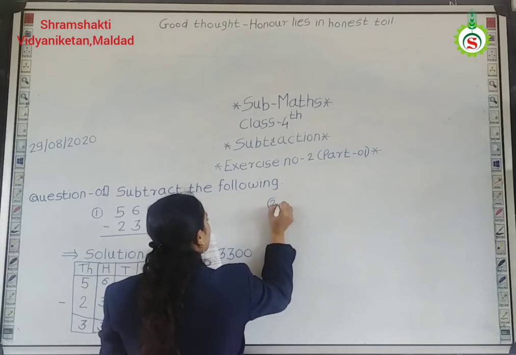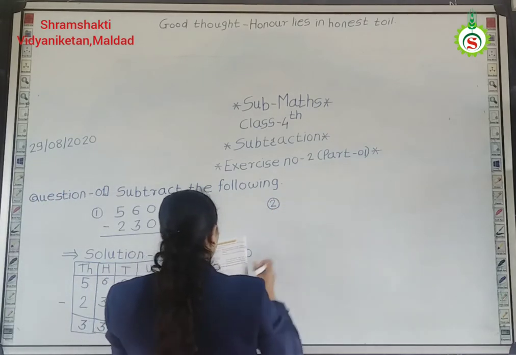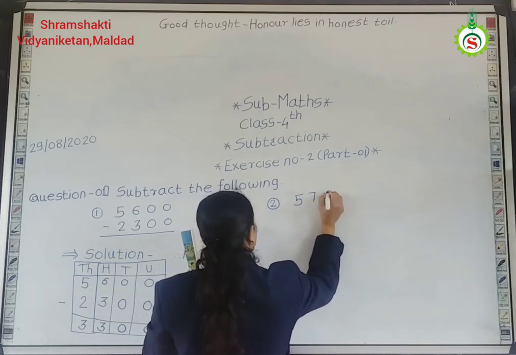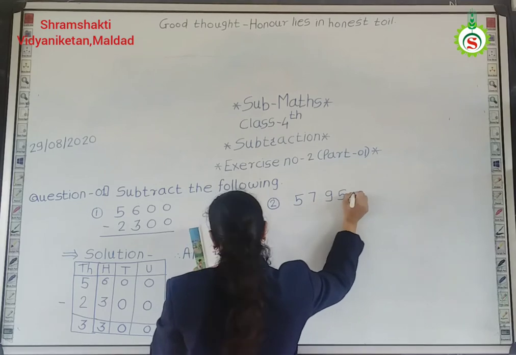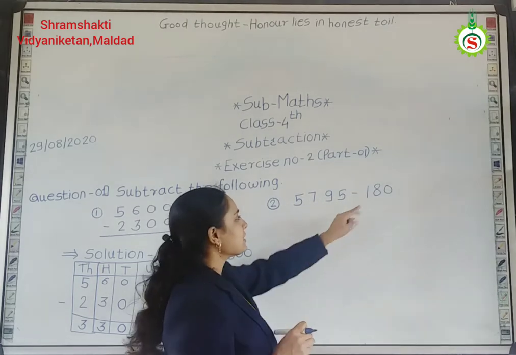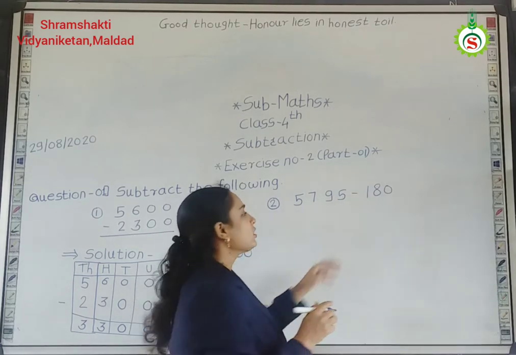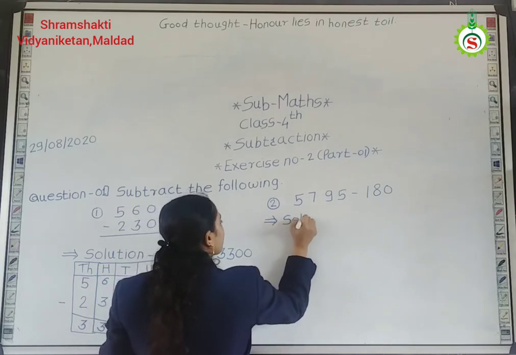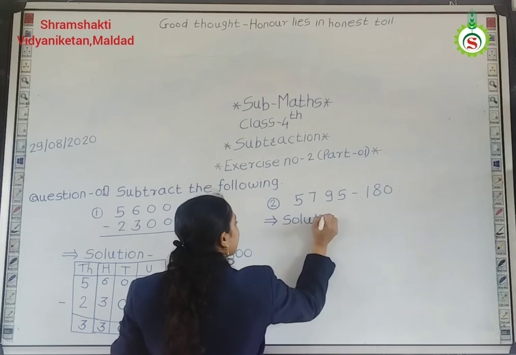Example number 2. 5,795 minus 180. So, solution. Write down the given example.